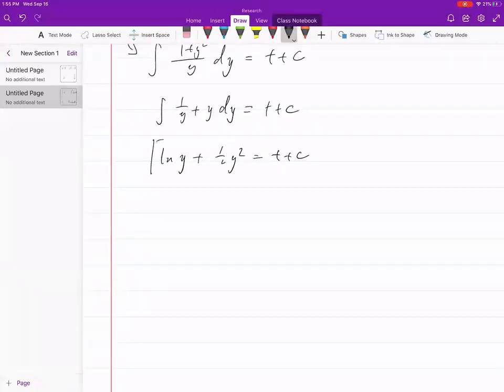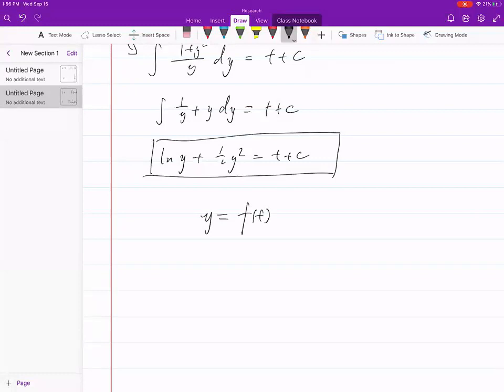So far, so good. Of course, this is not enough. We want something as a function of t.